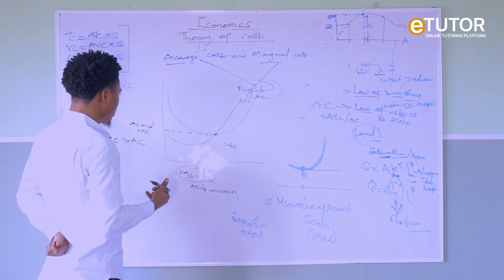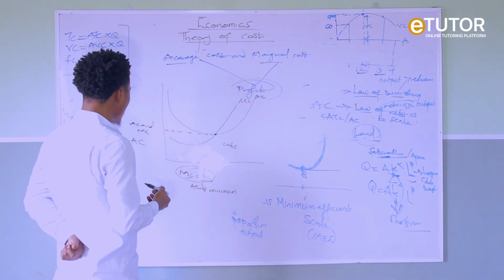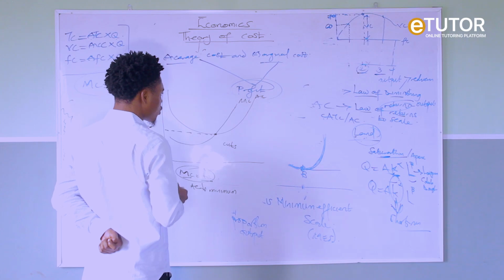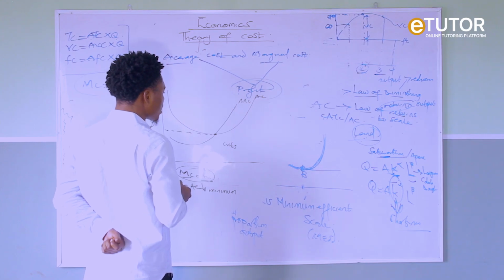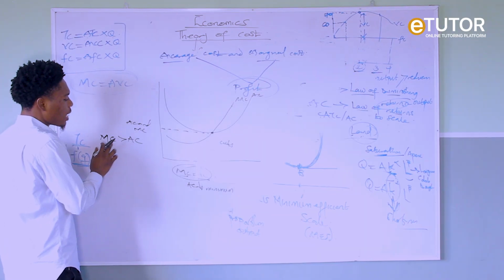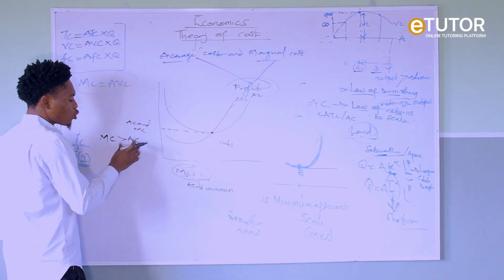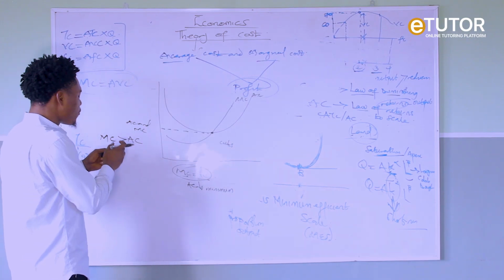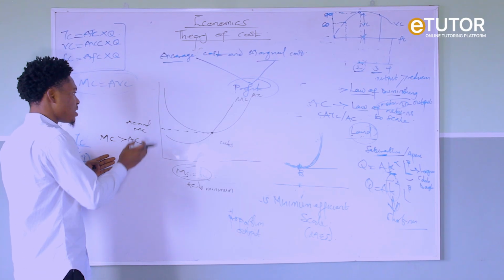So let us look at the graph. Where is marginal cost greater than average cost? This is marginal cost. This is average cost. Which one is greater? Or they can say at what point is the marginal cost above average cost? If marginal cost is greater than average cost, it simply means it is above it.